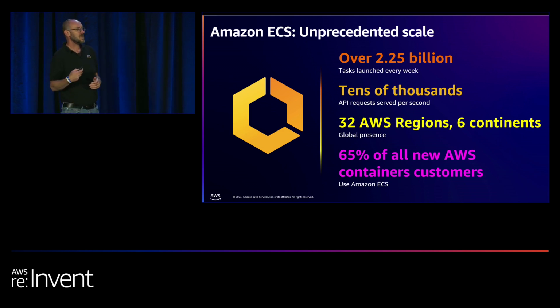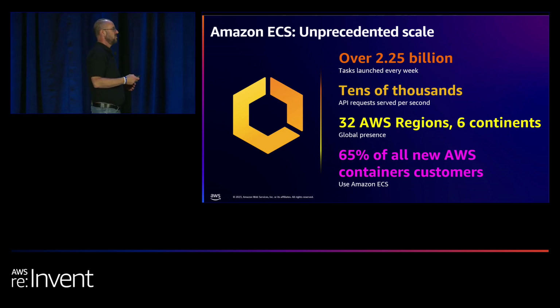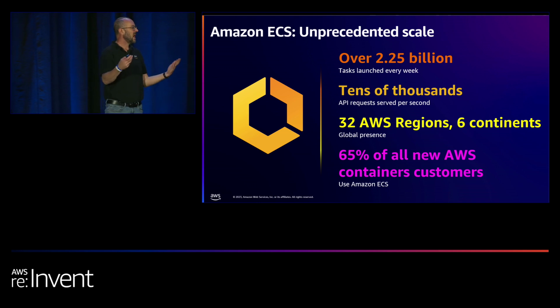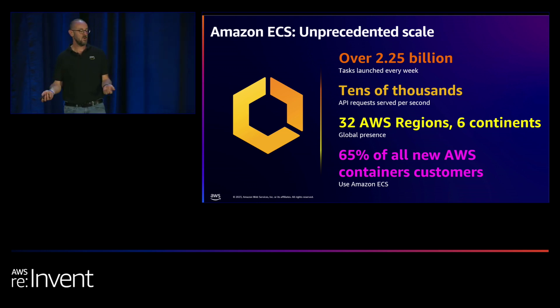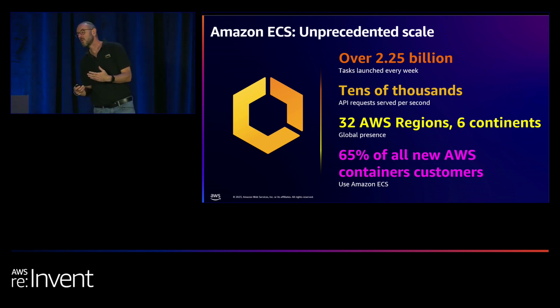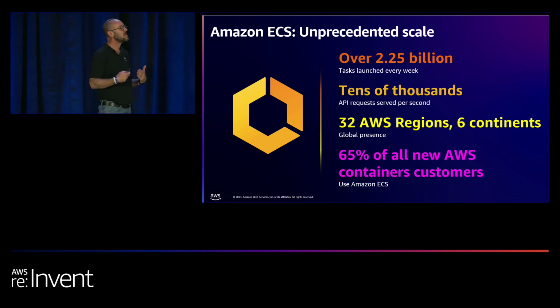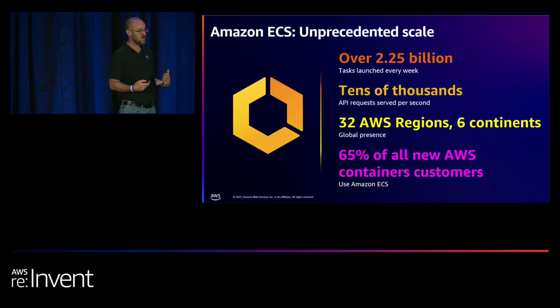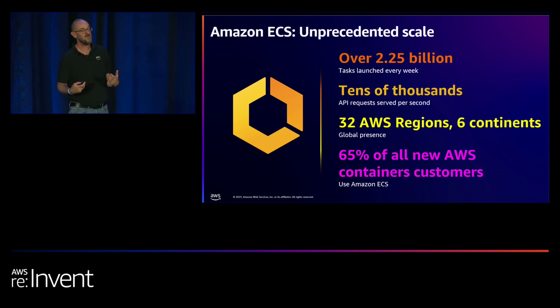Amazon ECS is a service which is, I would say, integral to how we operate inside Amazon and AWS itself. We launch over 2.25 billion tasks every single week across all of our regions. That's a huge amount of traffic and API calls.